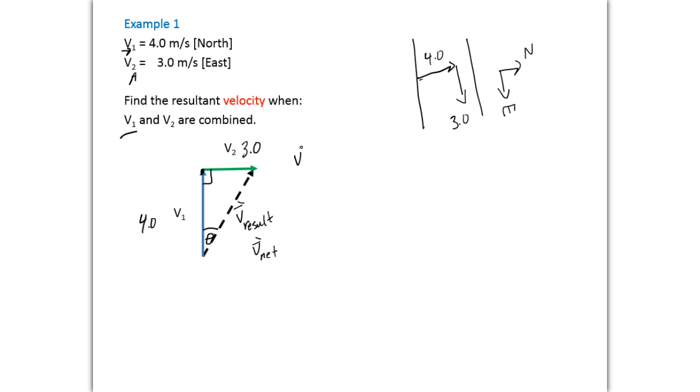So the velocity net is going to equal the square root of v1 squared plus v2 squared. And v1 is 4.0, we have to square that. And v2 is 3.